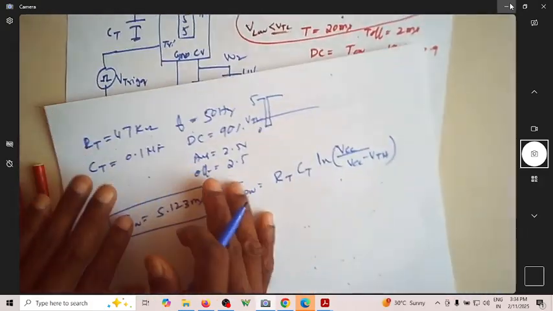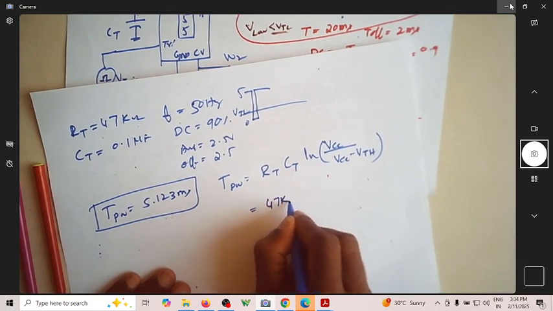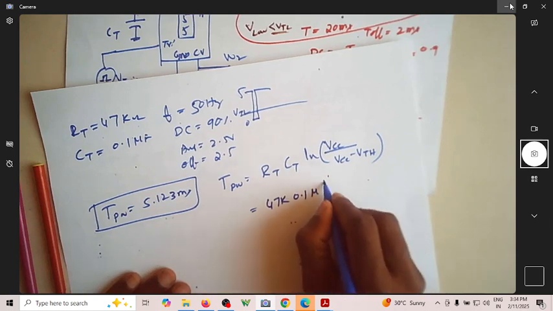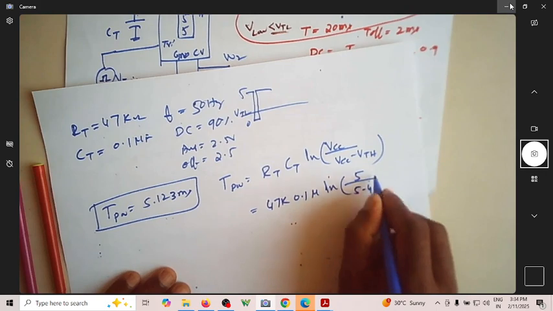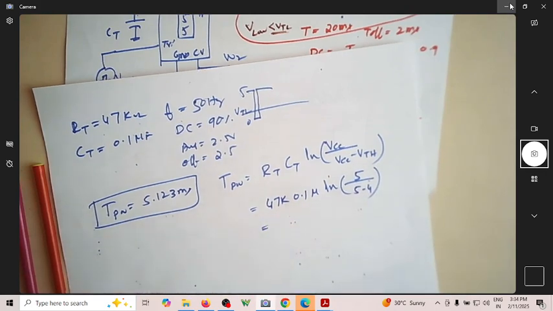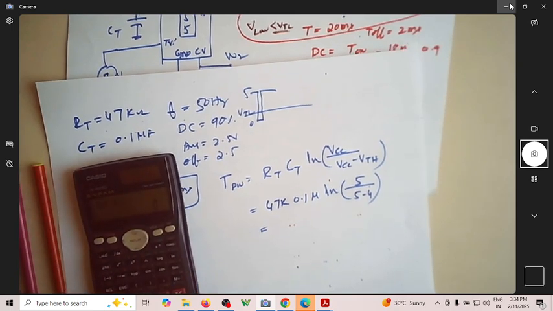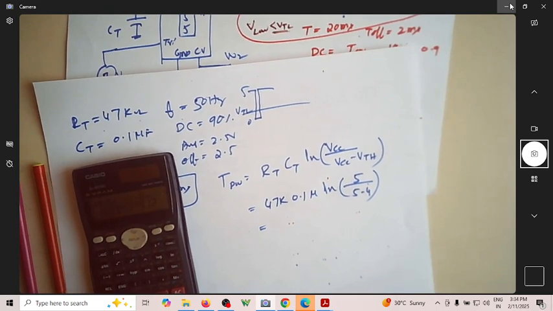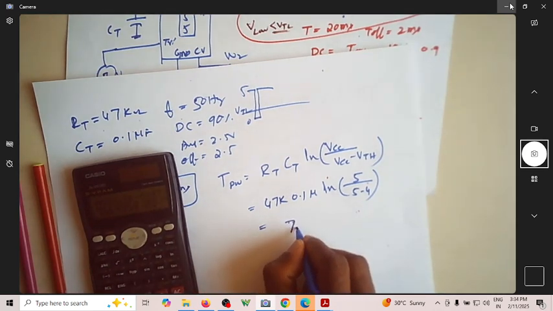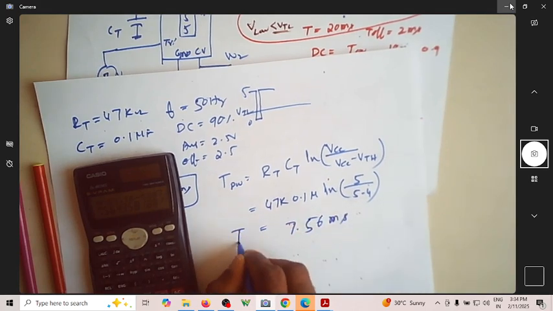With this as 47K and this as 0.1 microfarad, it is ln of 5 by 5 minus 4, so this is ln of 5. Multiplying by 0.1 times 10 to the power minus 6 times 47 times 10 to the power 3, you will get 7.56 millisecond as your pulse width.